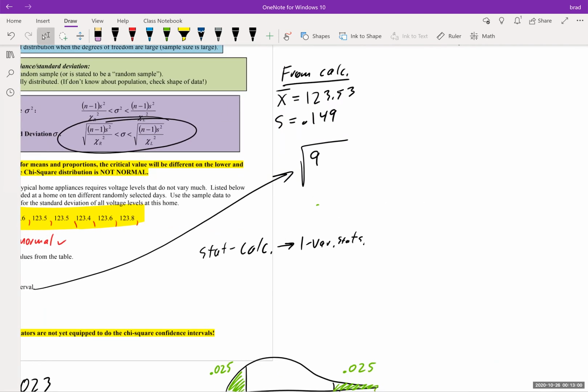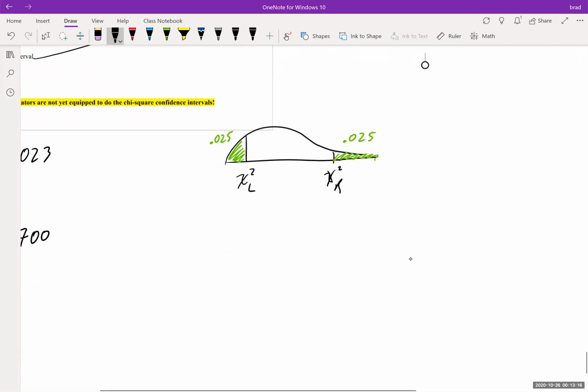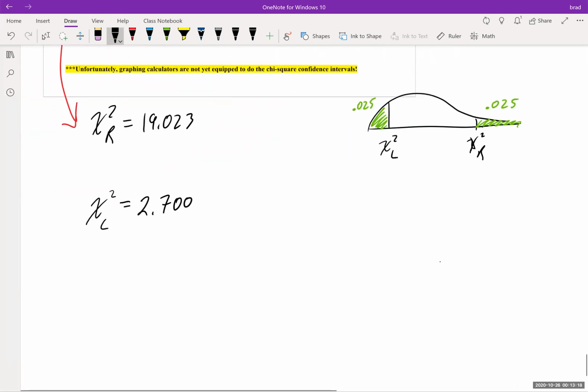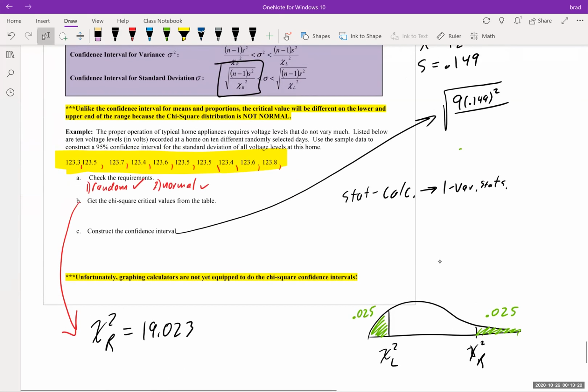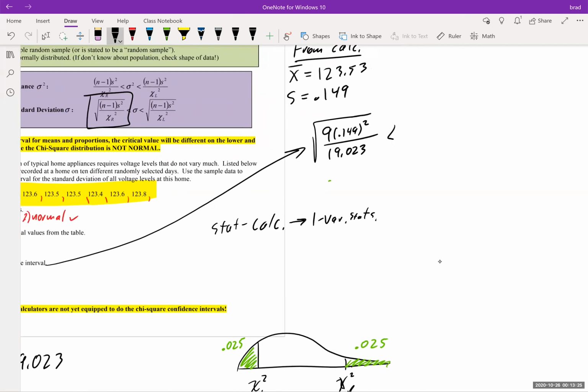I'm doing this one right here: the square root of n minus 1 times S squared, so this would be 9 times 0.149 squared, divided by chi-squared right. We know that chi-squared right is 19.023. And the standard deviation of the population, sigma, whatever it may be, we're not exactly sure, but we're building the interval for it.